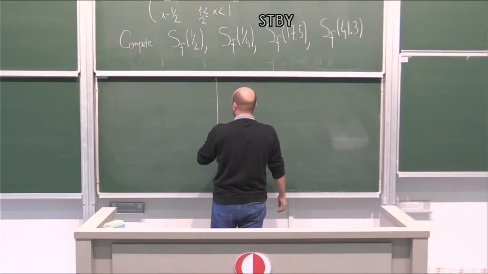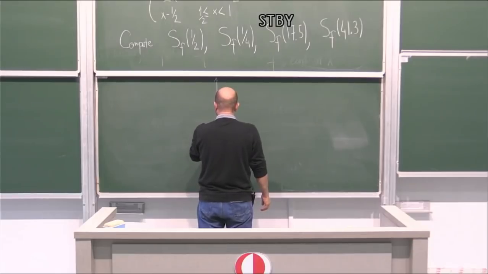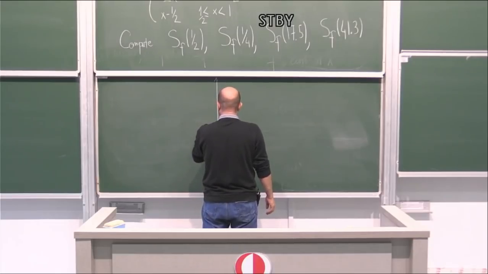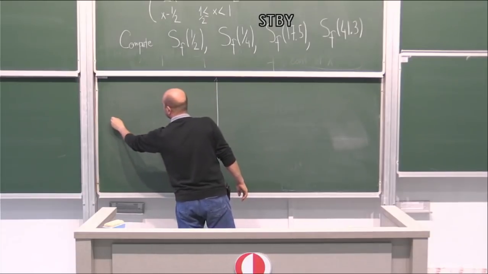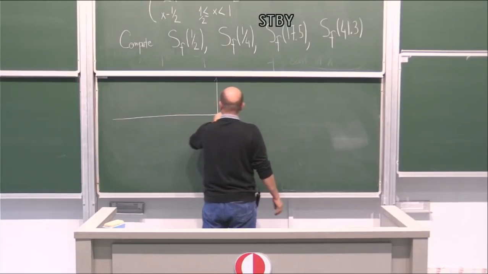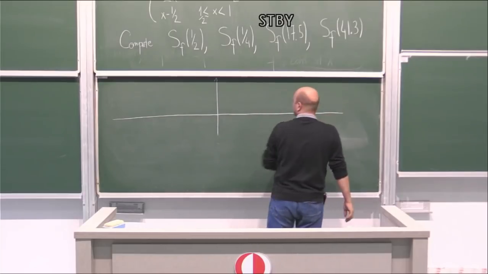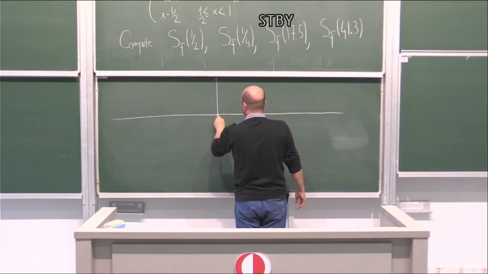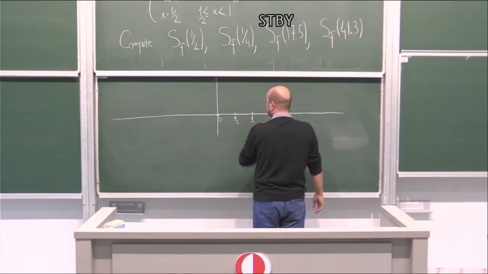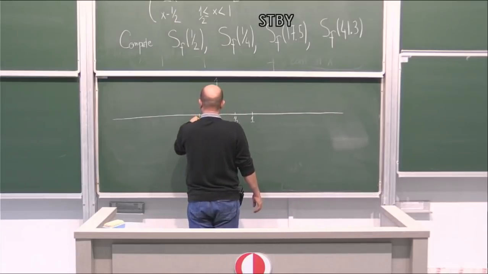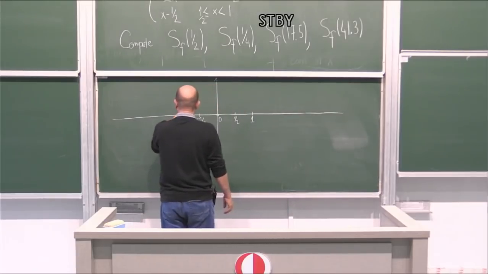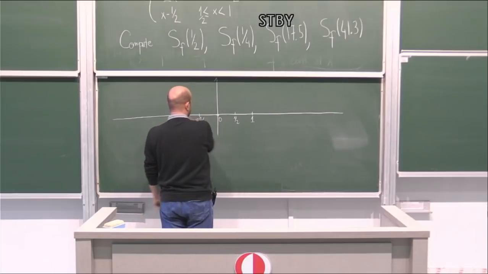So, minus x. Zero, 1 over 2, 1, minus 1 over 2, minus 1. So this is just one period.